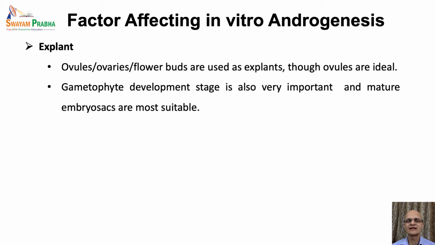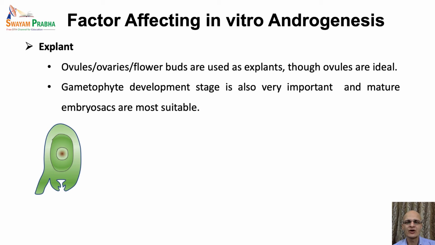For many plants, it has been observed that even if the ovules are harvested at earlier stages of female gametophyte development, its development continues even after its excision from the parent plant while it is cultured in vitro, until all its constituent cells have differentiated, that is, the mature embryo sac stage has been reached, and then it can be induced to develop gynogenic plants.